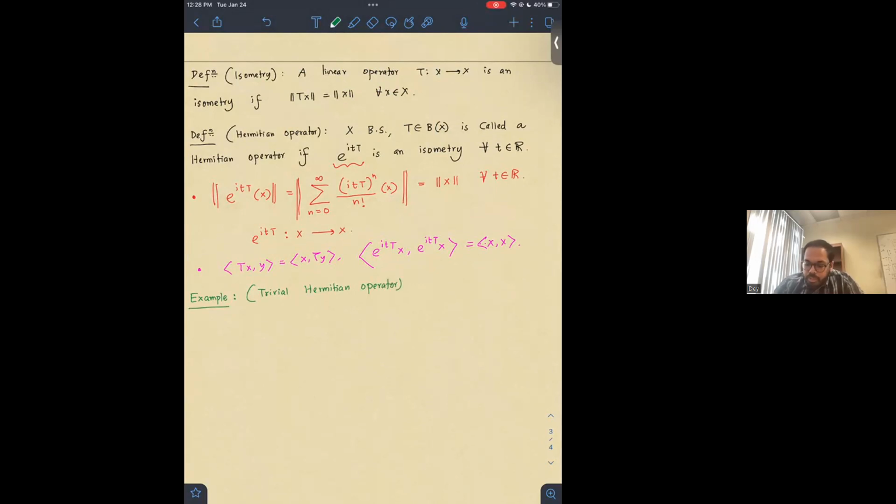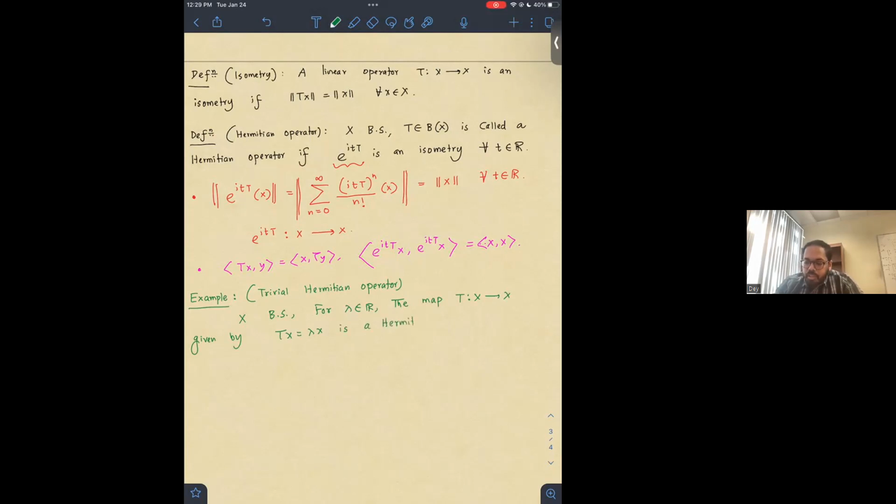Let's say X is a Banach space, and for a real scalar lambda, the map T from X to X given by a scalar multiple of the identity turns out to be a Hermitian operator.